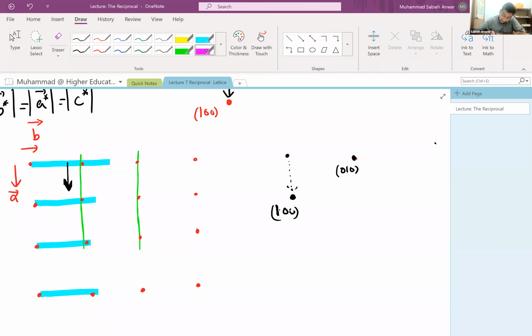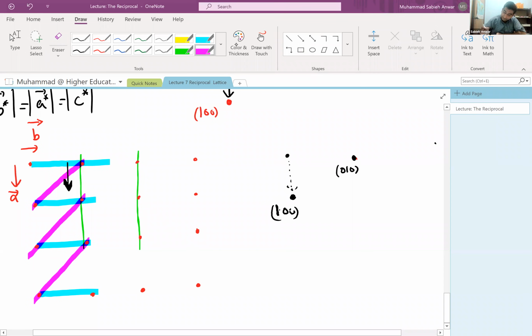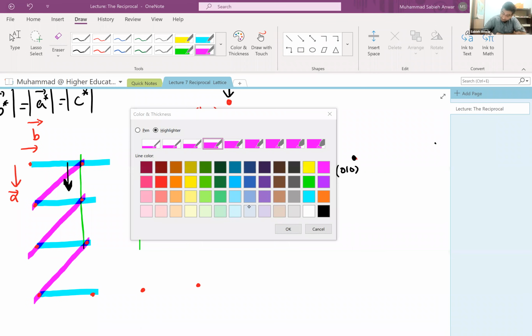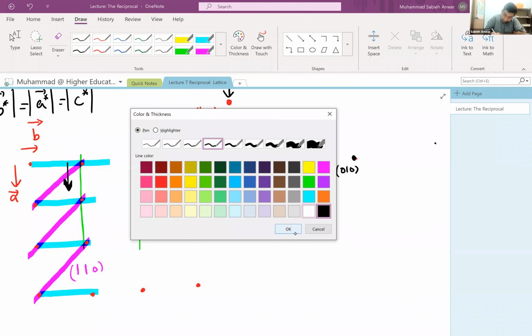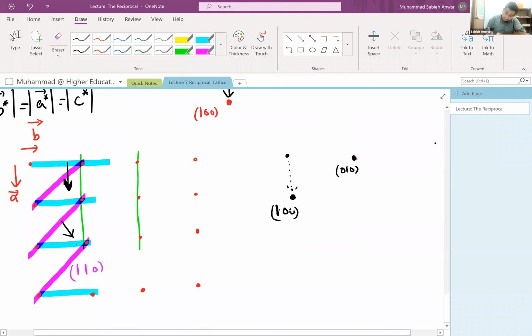Likewise, I can have a plane of this kind. This plane has Miller indices 1 1 0, and I can specify the normal to this plane, and I just take this vector and start from the same origin. I will end up here.